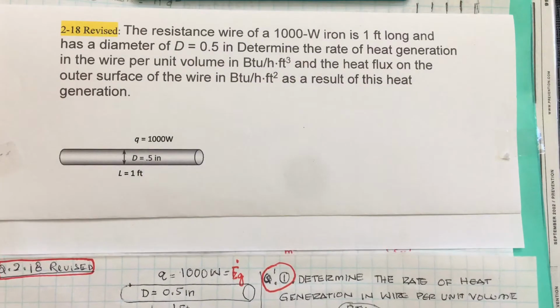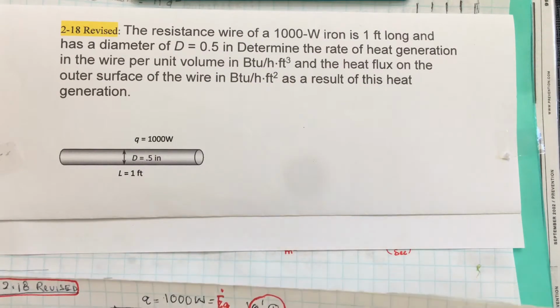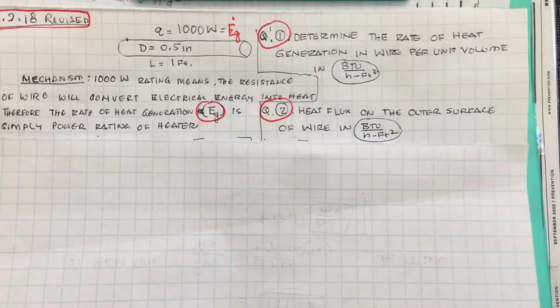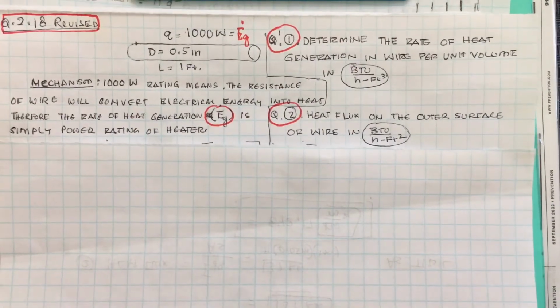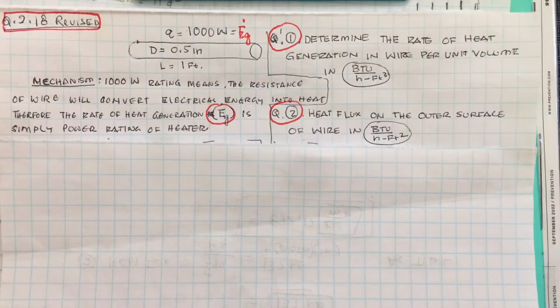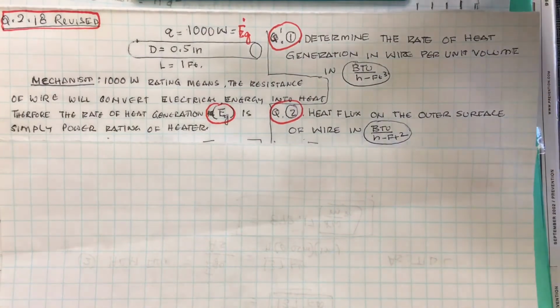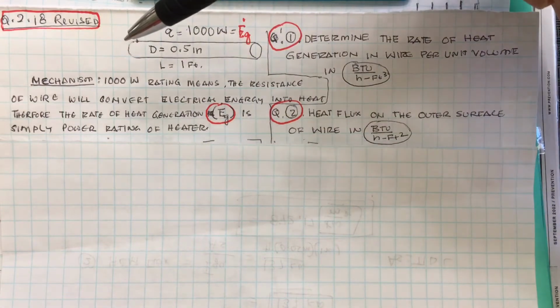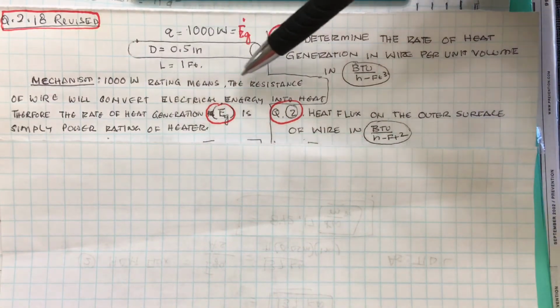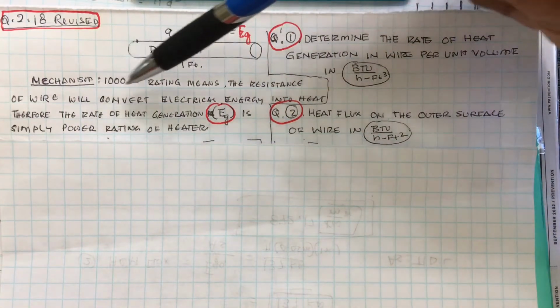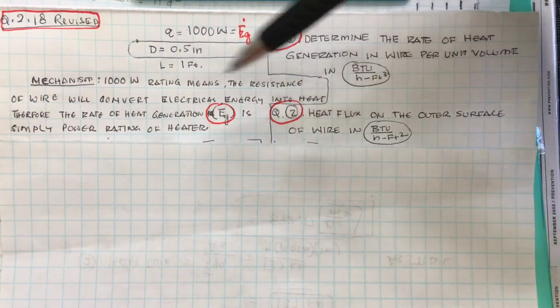So I have transferred the pertinent information on my workout sheet here. A 1,000-watt rating basically means the resistance wire will convert electrical energy into heat.